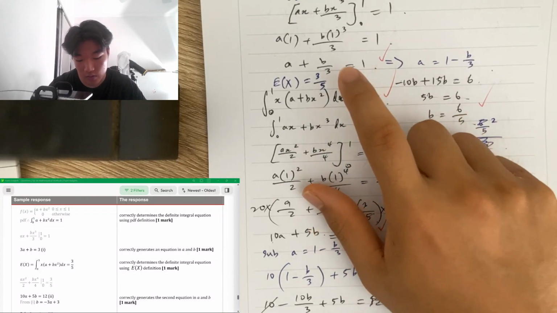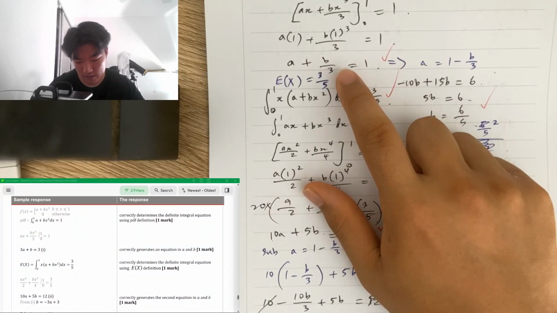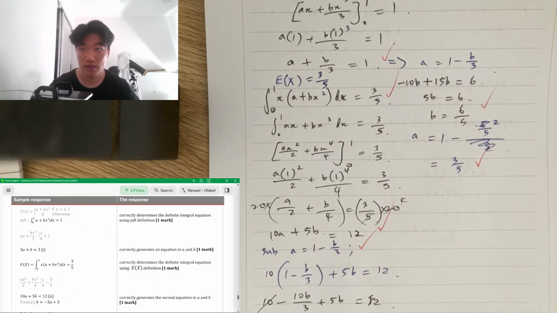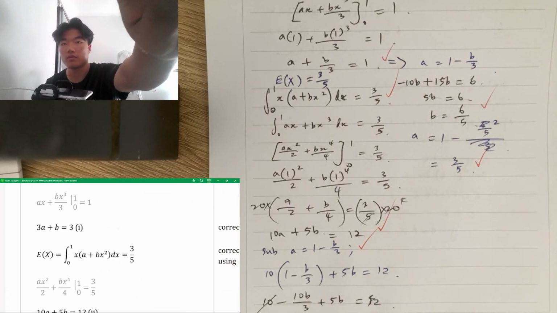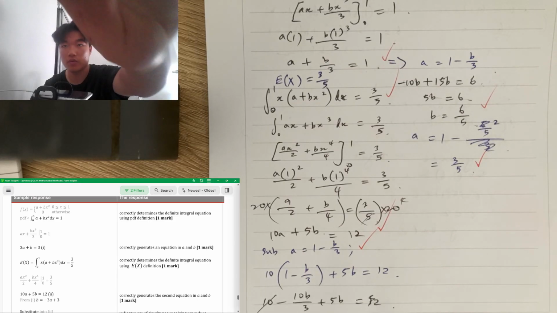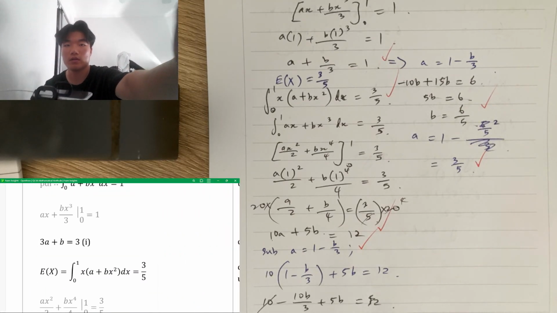So we're given that the expected value of x is 3 over 5. If we navigate to our formula sheet, or in this case, we can just look at the sample response. We get 1 mark for generating an equation in a and b, 1 mark for the definite integral, which we did.